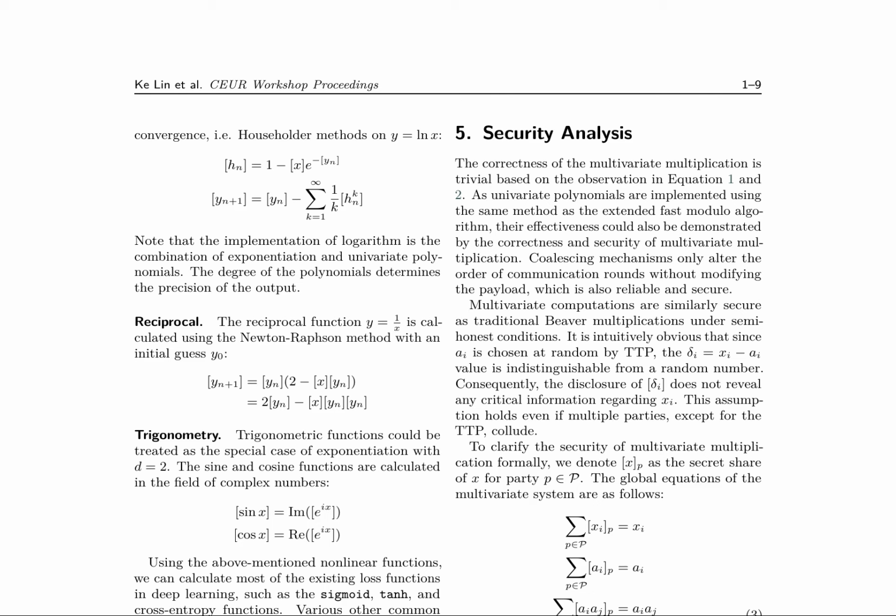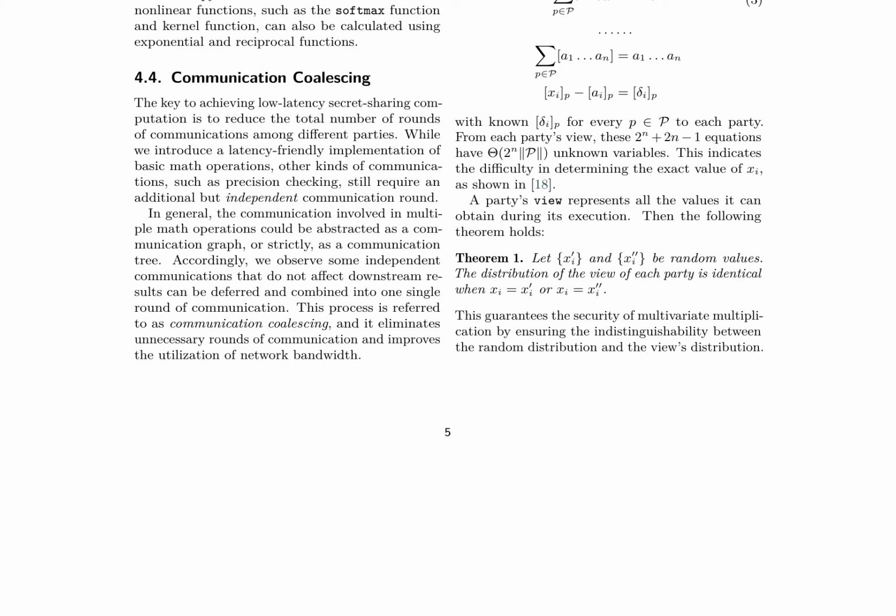Trigonometric functions are treated as special cases of exponentiation with a specific value of d, allowing for efficient computation of trigonometric values. Notably, the authors introduce communication coalescing, a technique that reduces the total number of communication rounds among parties by combining independent communications into a single round. This approach optimizes network bandwidth utilization and enhances the efficiency of the computation protocol.